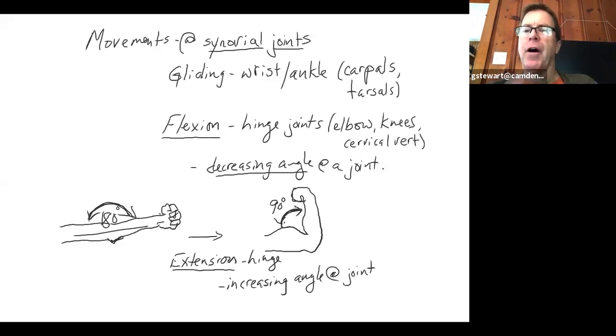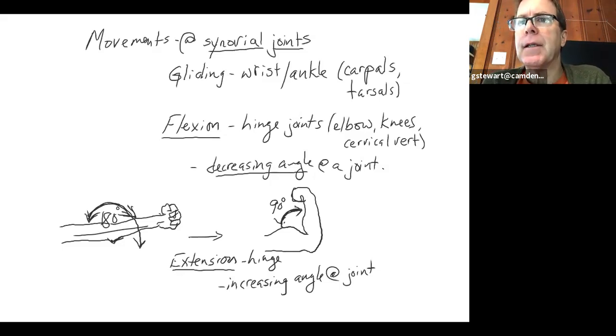There is something called hyperextension. You've heard of that. That's going past what the body was normally designed to do. Hyperextending something would be going past this 180 degrees. It usually, not always, but usually causes some sort of damage to ligaments in the joint.